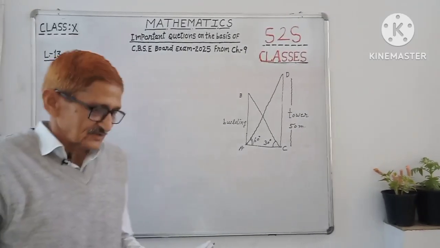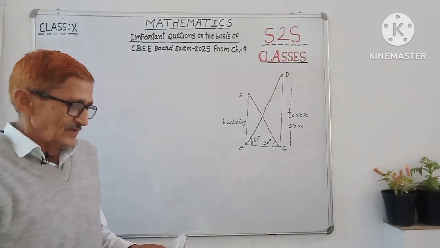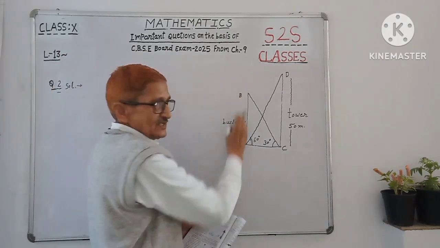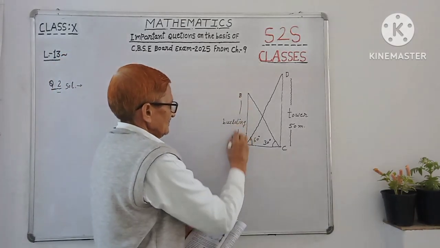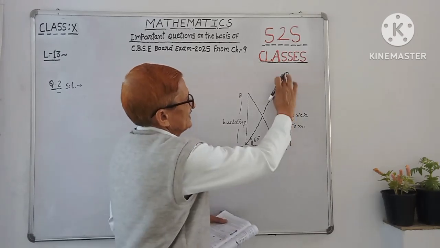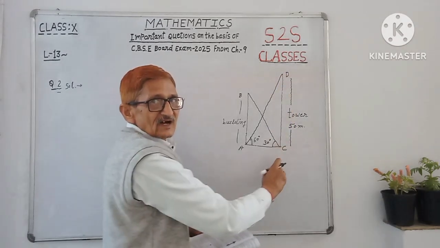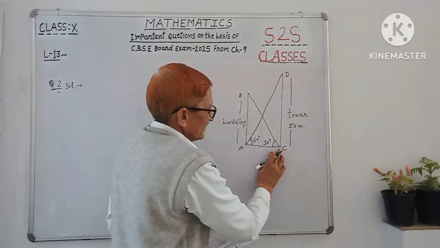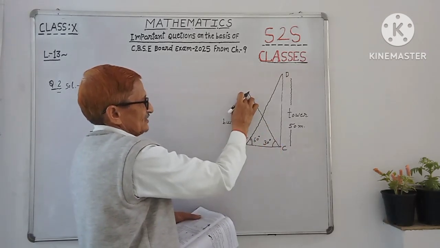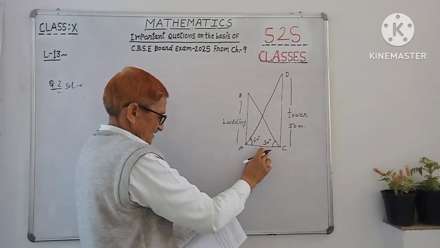Yes, next question. The angle of elevation of the top of a building. The building है AB building. The top of the building, angle of elevation from the foot of the tower CD. So foot of tower is point C. So C से angle of elevation of the top of the building is 30 degree.